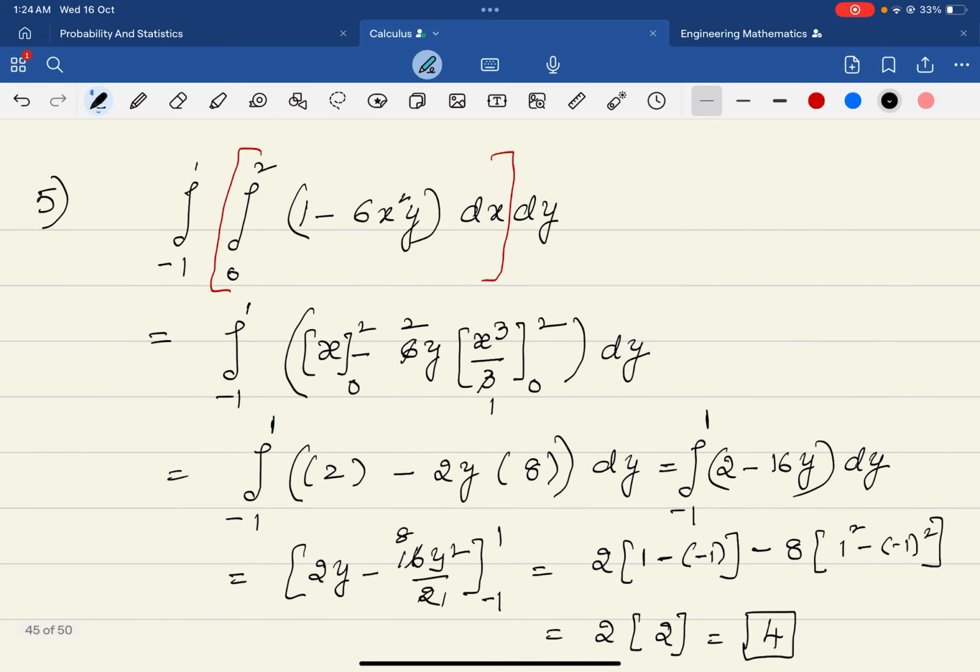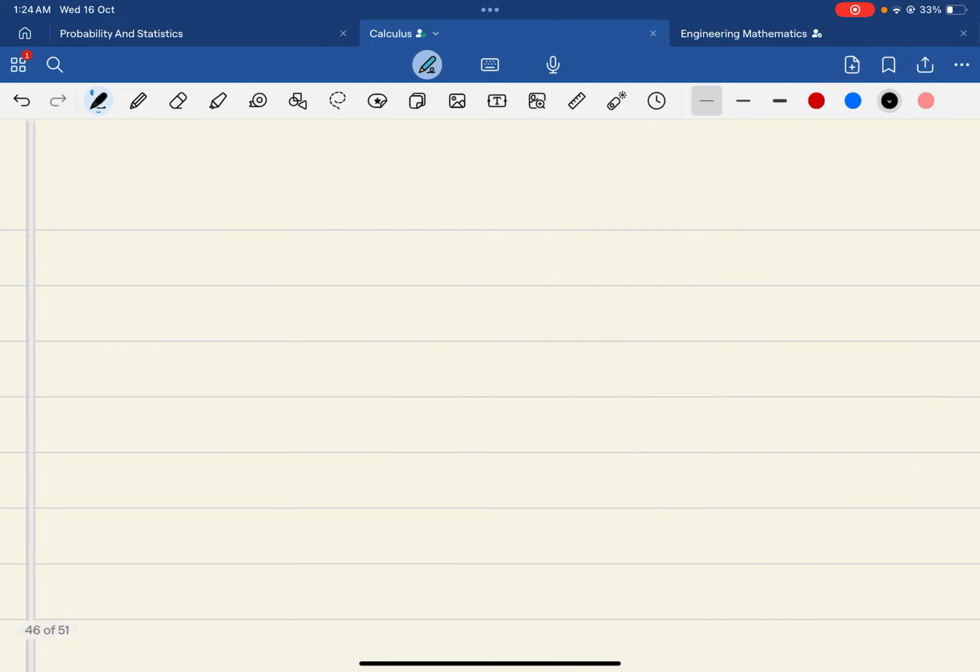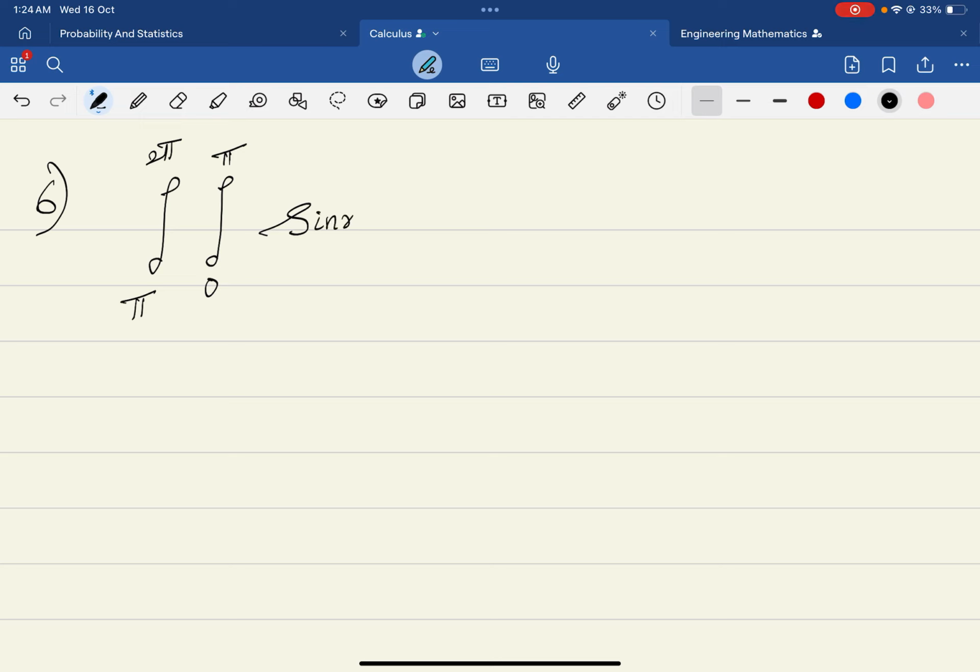So like that. Now let us do an even-numbered problem, that is 6, let us say. Now let us have this problem: integral of 0 to pi and integral pi to 2 pi, (sin x plus cosine x) dy dx. Here you are integrating with respect to y first, correct? We'll put the bracket with respect to y first.